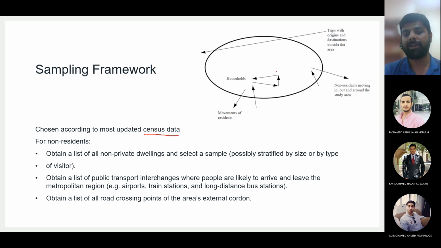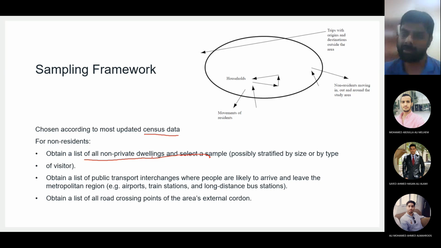But for people who are not living in your area, you can take a list from dwellings or accommodations which are non-private: hotels, rest houses, guest houses. If somebody who is a non-resident comes to the area, where would he live?